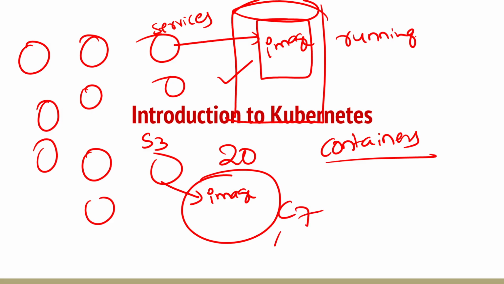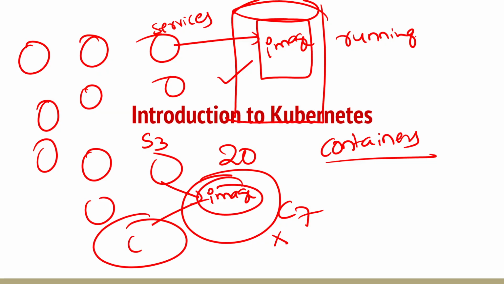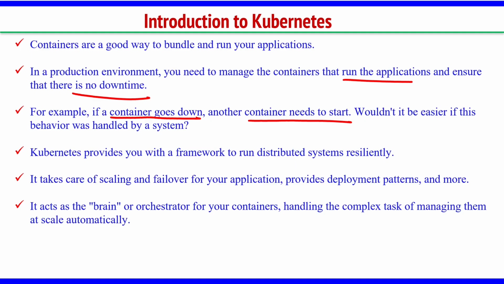If this container goes down for any reason, we need to restart another container immediately for this image, some C7 bar, so that the requests which are coming are satisfied.